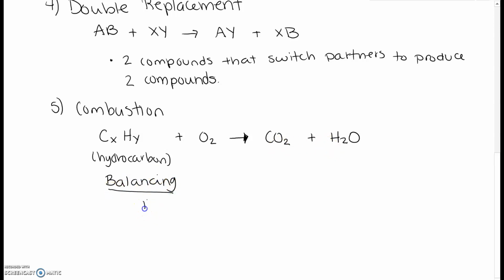So I like to give tips on balancing. First, you're going to balance the hydrogen, then the carbon, and then the oxygen. One thing to pay attention to is the fact that if you have an odd number coefficient in front of water, that's going to give you an odd number of oxygens on the product side. Given that you have a subscript of 2 over here, you can't have an odd number.